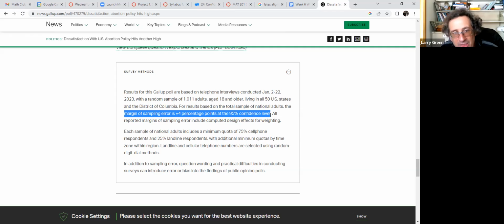So with 95% confidence, the population proportion of all Americans who are satisfied with the government's handling of abortion policies is somewhere between, and now we can subtract 4% from the 26%, you get 22%, and you can add, and you get 30%, somewhere between 22 and 30% of all Americans. Any questions on that?